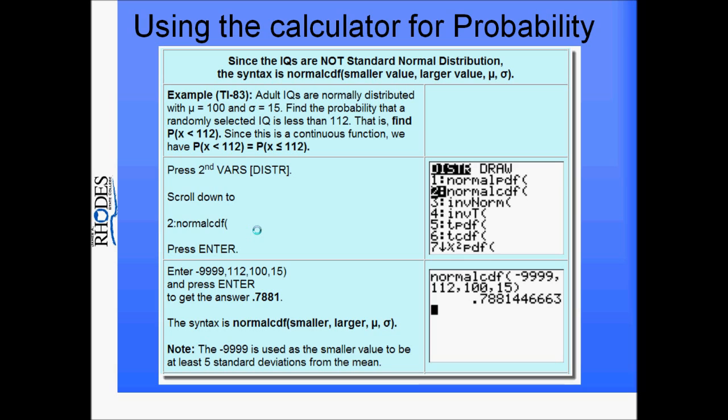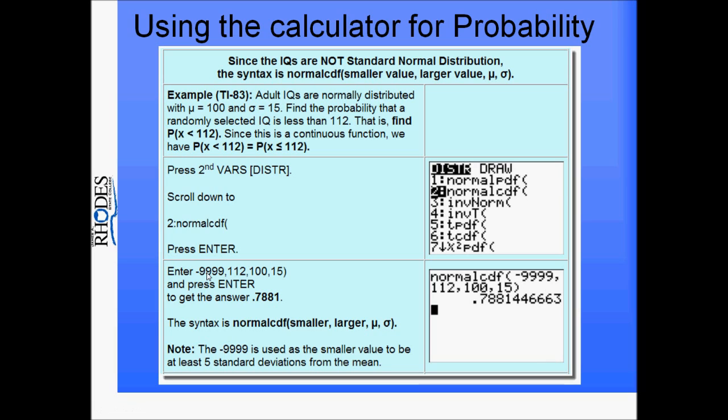This first one: adults' IQs are normally distributed with a mean of 100, standard deviation of 15. They want you to find the probability that a randomly selected IQ is less than 112. Again, less than is negative infinity, and in this example they type it in as minus 99999.